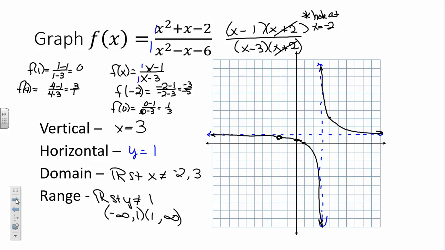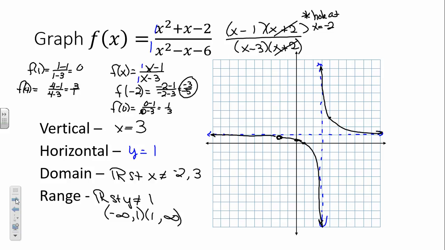Now, a great question came up last hour or first hour. They said, wait a minute, we also had one other thing that y couldn't be. What other value didn't it get to become? When x was negative 2, what did we find out that y became? Right.